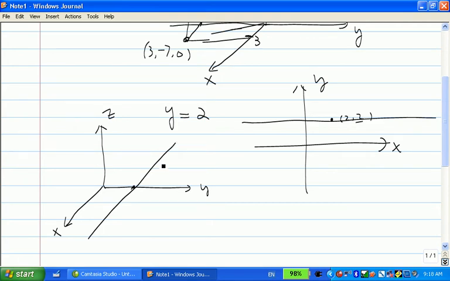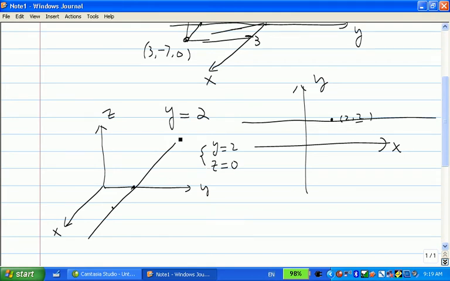So what is the equation for this line? The line I draw is on the xy plane. So the equation for that line really is y equals 2, because every point has a y coordinate equal to 2, and also z equals 0, because it is on the xy plane. So this line really is given by these two equations.